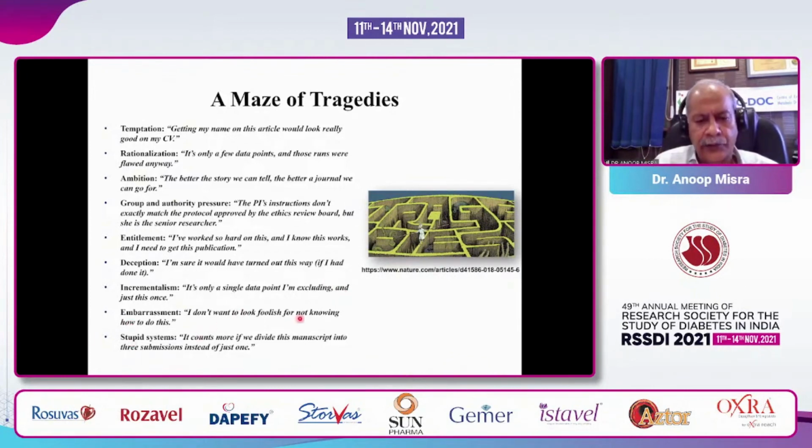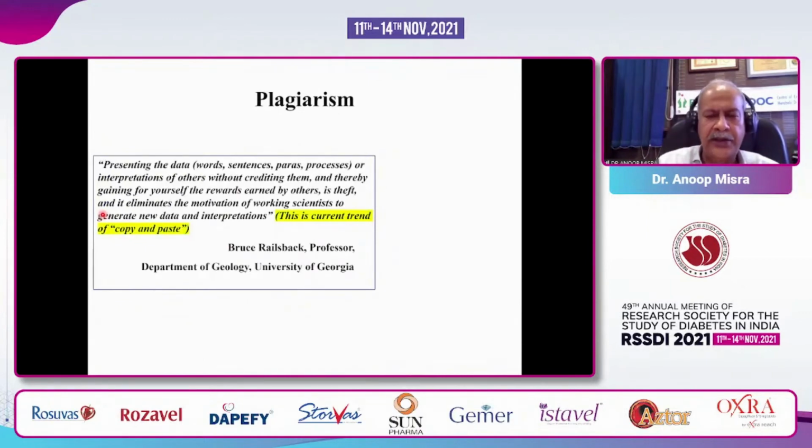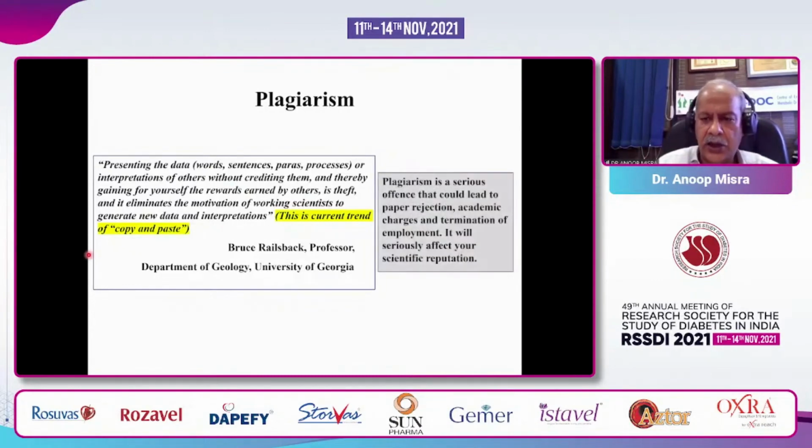Embarrassment: I don't want to look foolish for not knowing how to do it. And a stupid system: it counts more if we divide this manuscript into 3 subsections instead of 1. And that brings up 2 things: plagiarism, presenting the data of other people without acknowledgement, and copy and paste. This is a serious offense, leading to rejection, academic charges, and termination of employment.